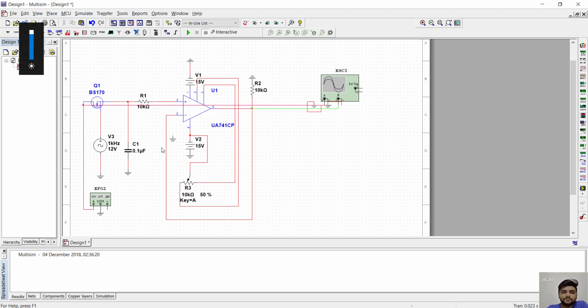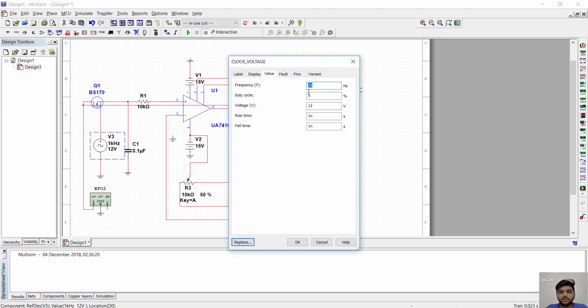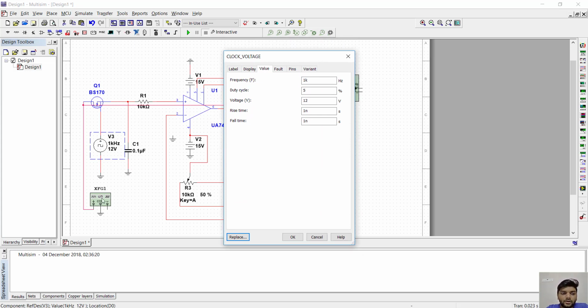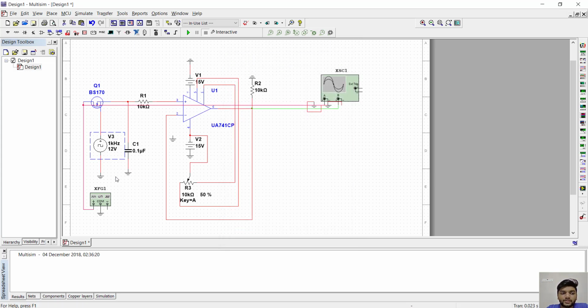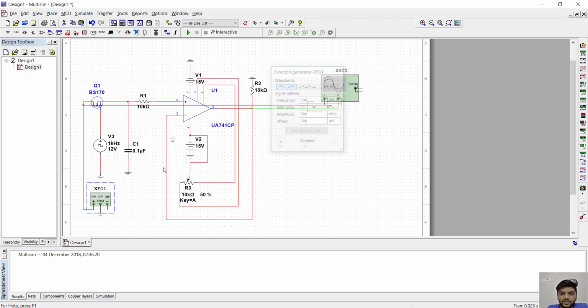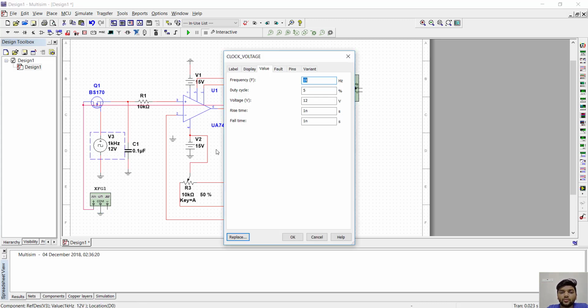As you can see, we are going to give clock voltage. That means this is actually the rate of sampling, being the amount of samples which we are going to take in our circuit. Now, suppose our signal has a frequency of 100 Hz and we have set 1 kHz in this clock voltage.